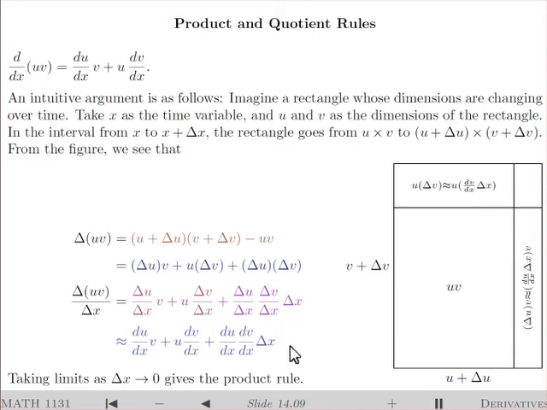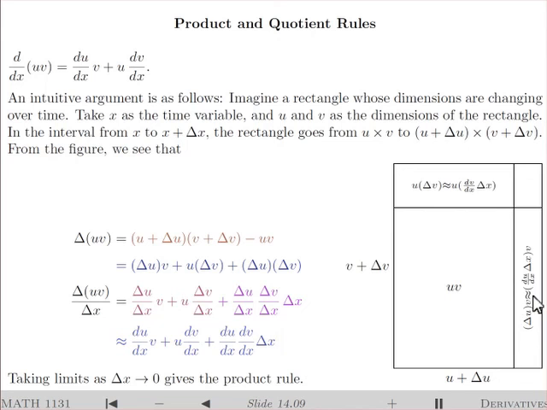So to summarize, geometrically, when you add a border to a rectangle, it can be subdivided into three segments, one on top, one on side, one in the corner. The top is roughly the original width times the increase in height, which is rate of height times the time.